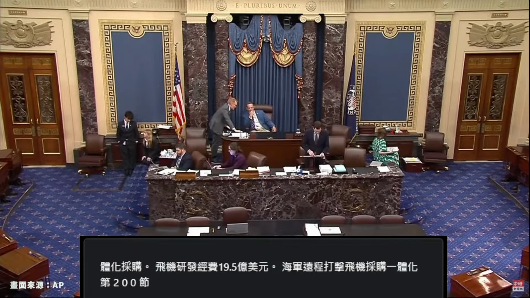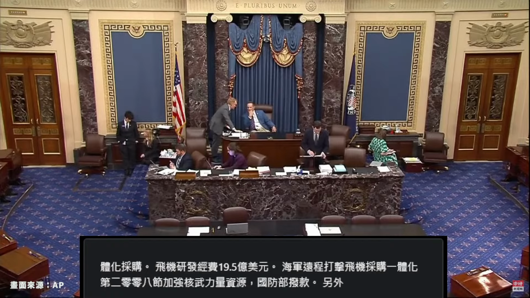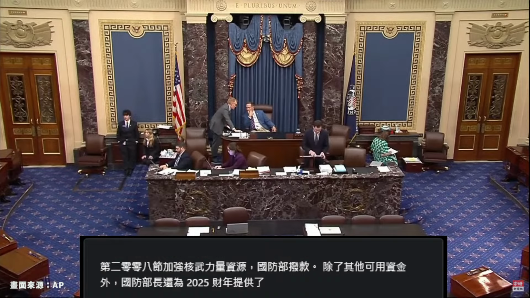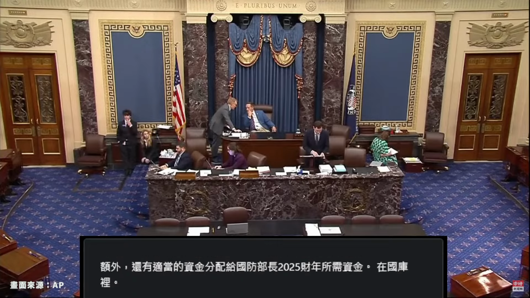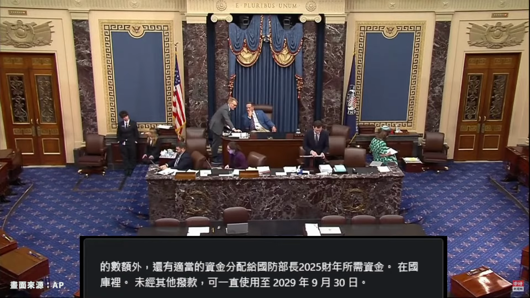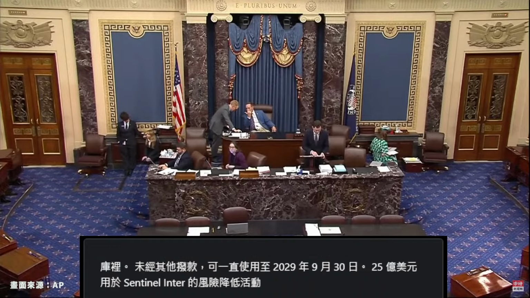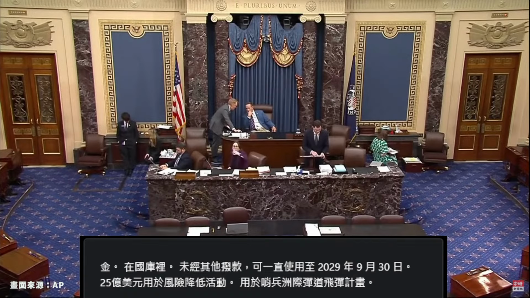In addition to amounts otherwise available, they are appropriated to the Secretary of Defense for fiscal year 2025 out of any money in the Treasury not otherwise appropriated to remain available until September 30th, 2029. 1, $2.5 billion for risk reduction activities for the Sentinel Intercontinental Ballistic Missile Program. 2, $4.5 billion only for expansion of production capability of B-21 long-range bomber aircraft and the purchase of aircraft only available through the expansion of production capabilities.